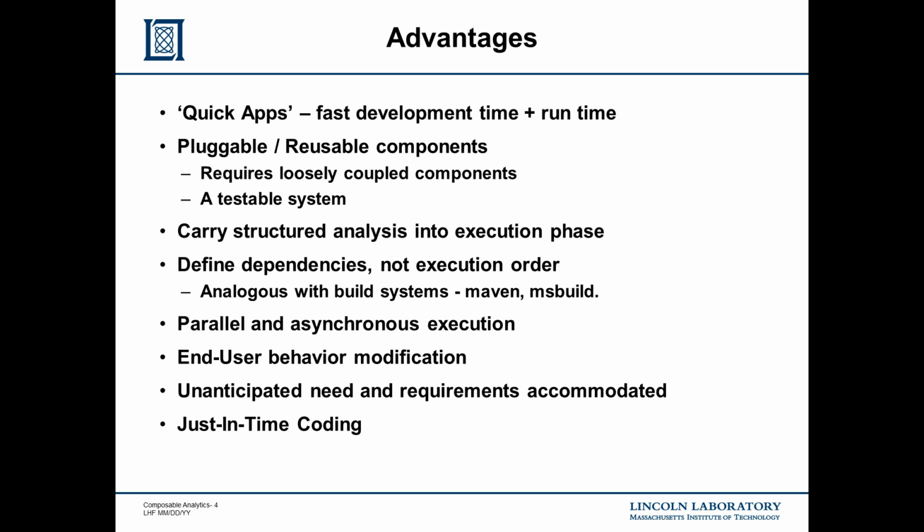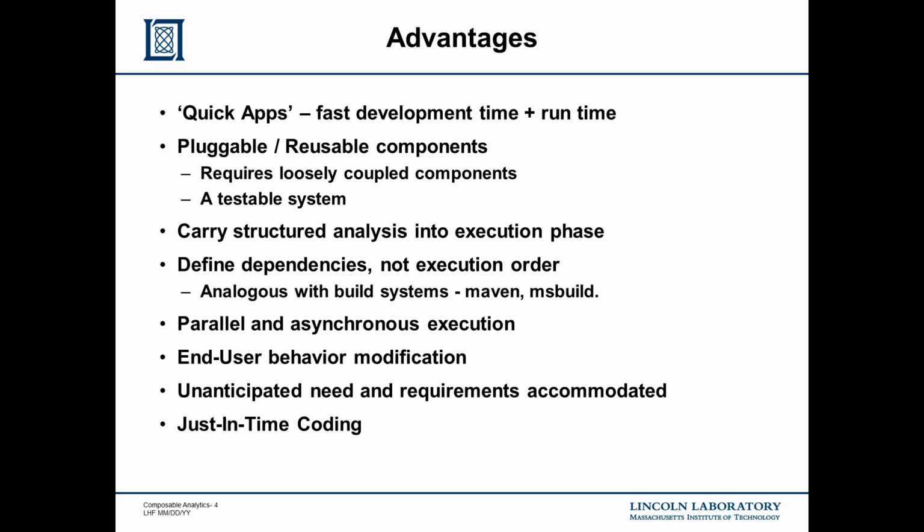And this is tied to the fact that there are always unanticipated needs or requirements that come up. Typically, there might be a requirement that the software is just not capable of doing. But by using flow-based programming and by allowing the end user or another developer to manipulate it very easily and quickly, you can accommodate these unanticipated needs. So I like to call this just-in-time coding.